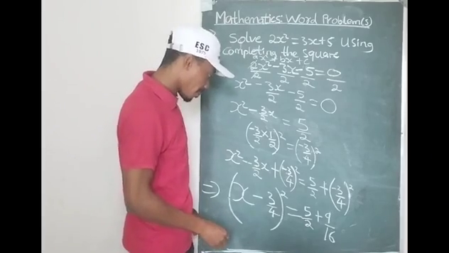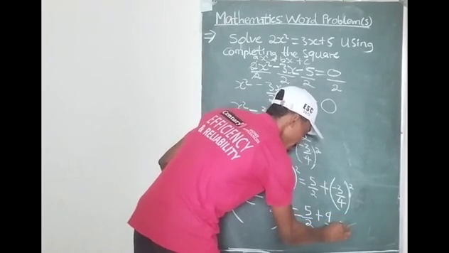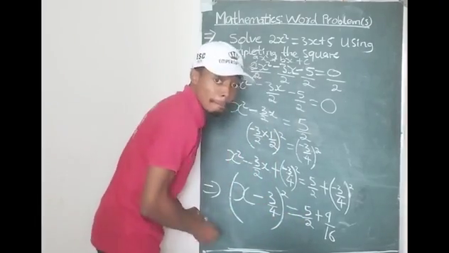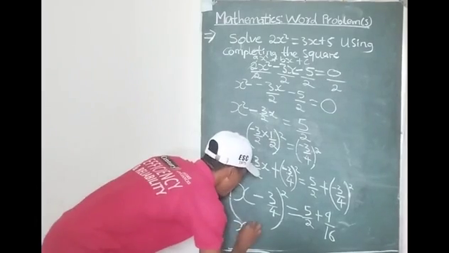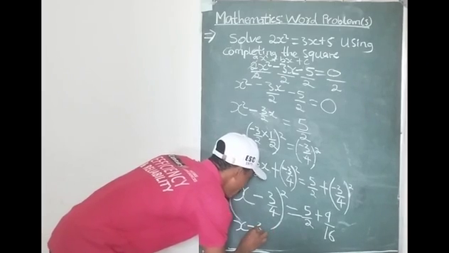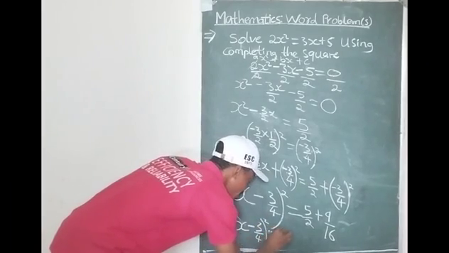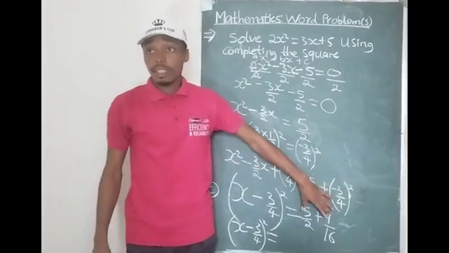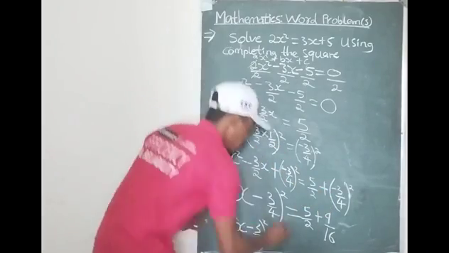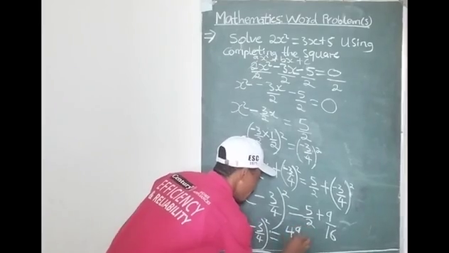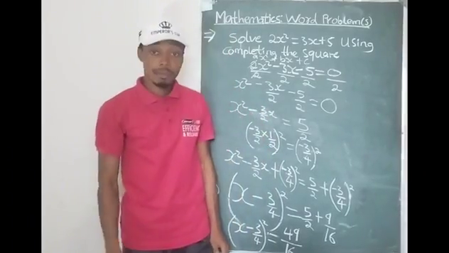So we proceed, and then this is going to be x minus 3 all over 4 squared. If you do this quickly, you would agree with me that doing this quickly is going to give you 49 over 16.